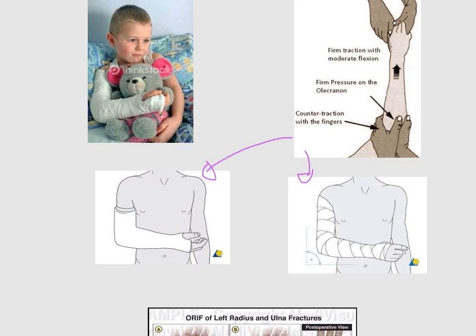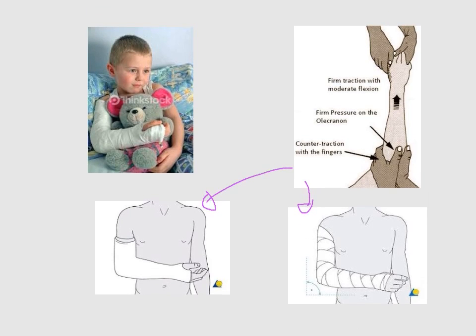So closed reduction in children, cast, then X-ray after 1 week to make sure that the bones are approximated to each other. After that, we wait 6 to 8 weeks for the fracture to heal.